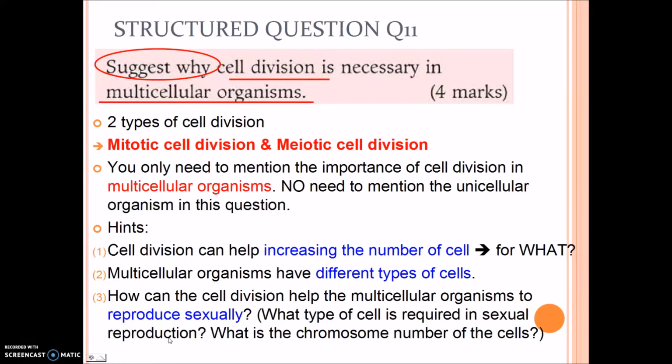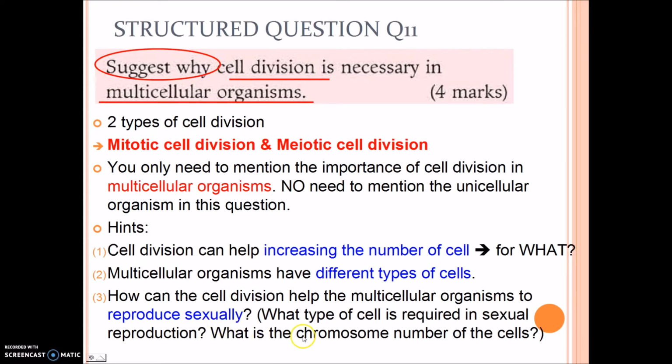So if we would like to perform fertilization, which type of cell do we need to produce? For the mitotic cell division or meiotic cell division, which type of cell division can fulfill the need of producing the special type of cell to perform fertilization and reproduce sexually?